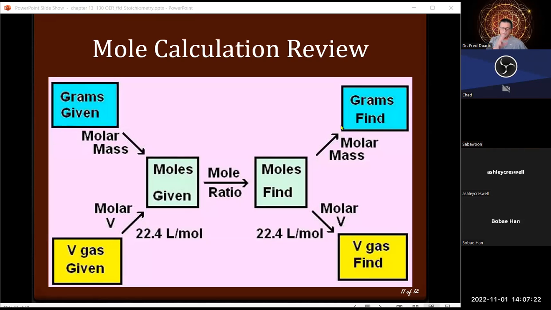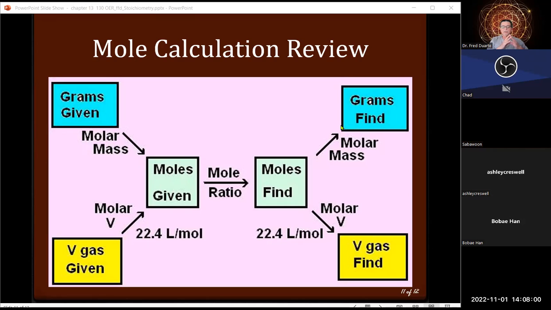The takeaway from this whole chapter is as follows. If I need to get from grams of A to grams of B, whether it's the reactants with each other or the reactants and the products, what I need to do is convert first into moles, okay? And I take the grams I'm given, divided by the molar mass, which will give me the moles of what I'm given.